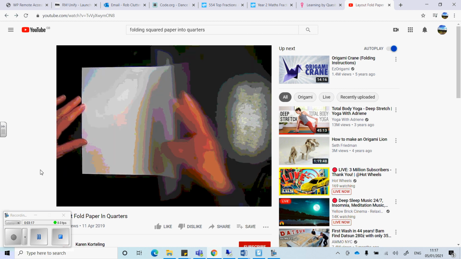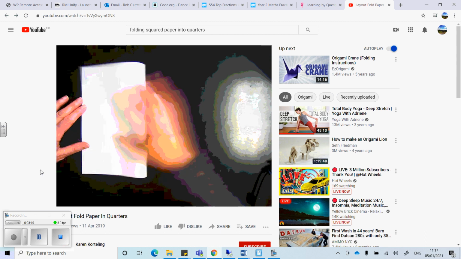So let's have a look. I take my piece of paper, make sure that those corners are really lined up. Here they are exactly on top of each other, and then I can fold and I have a neat fold.